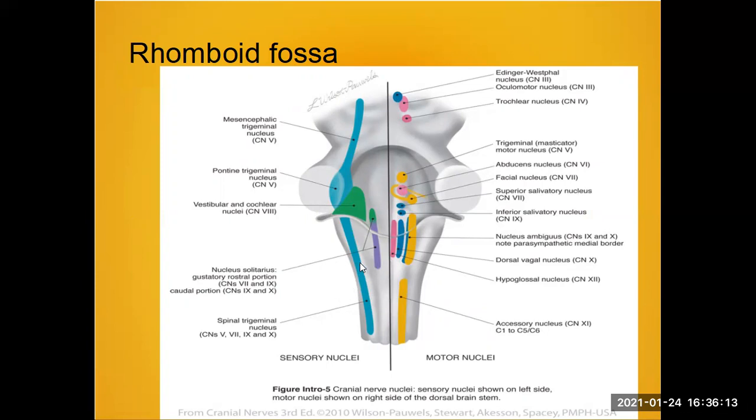Laterally are located sensory nuclei. And between motor and sensory nuclei are autonomic nuclei.